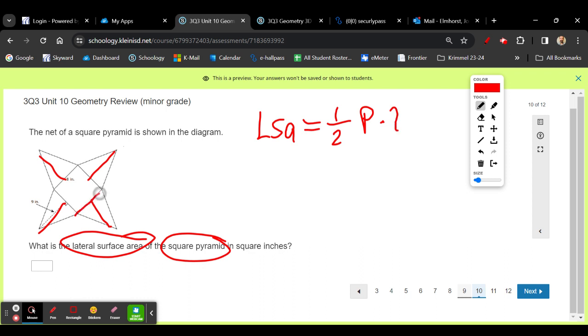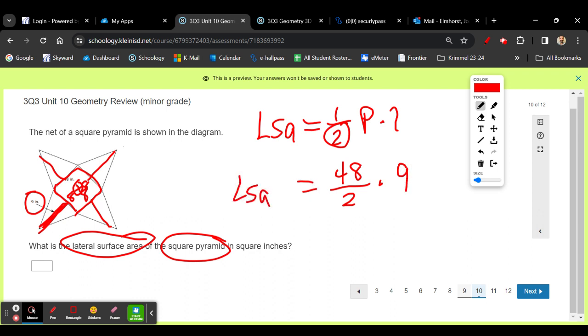The perimeter looks like it is square, so it's 8 by 8 by 8. We add all those up. 4 times 8, it's going to be 48 divided by 2 times the slant. And the slant of the triangle, the height of the triangle for the sides is going to be times 9. And that would give us the lateral surface area.